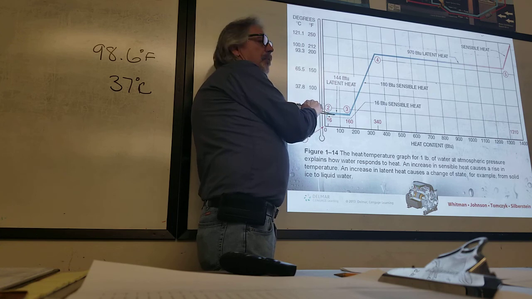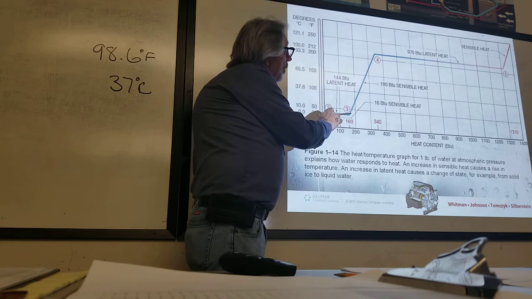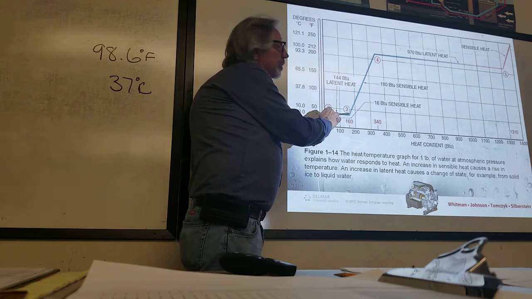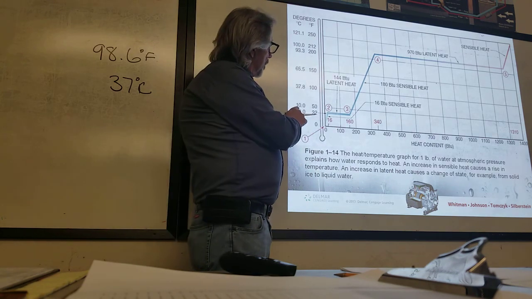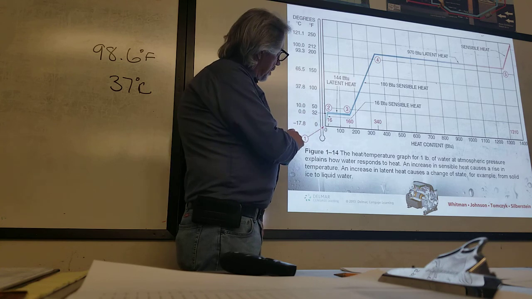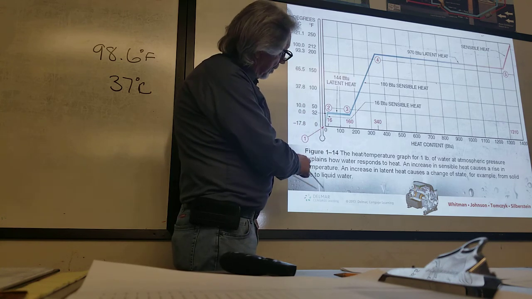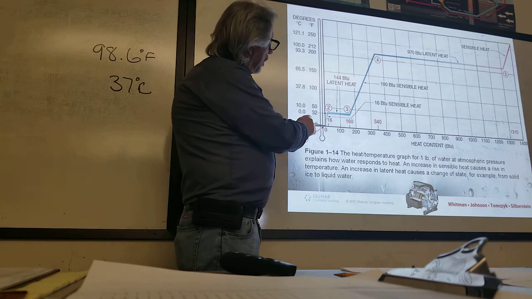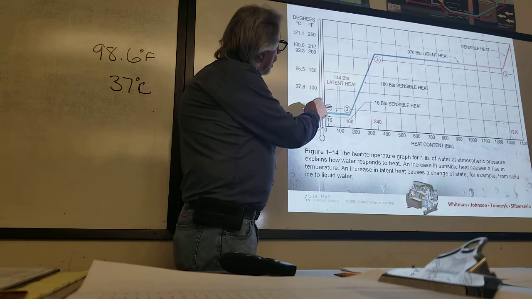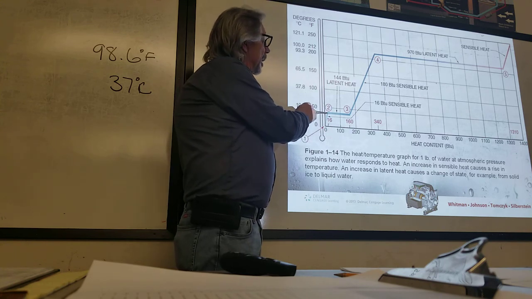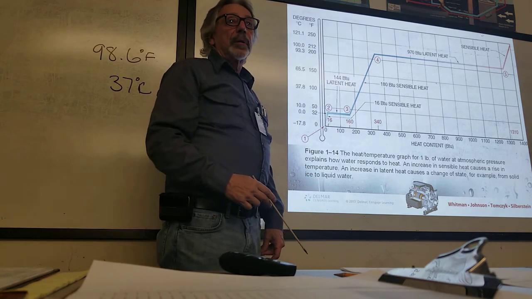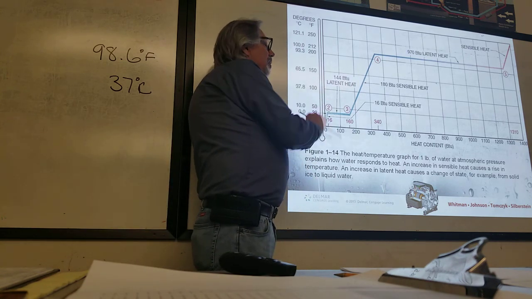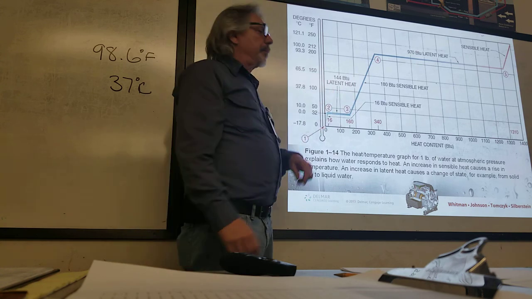Notice that it stays at 32 the entire time until it reaches this point, which is 32 degree water. Point 1, then point 2, which is 32 degree ice, and then point 3 is 32 degree water. So it's staying constant at 32 degrees as it's changing.